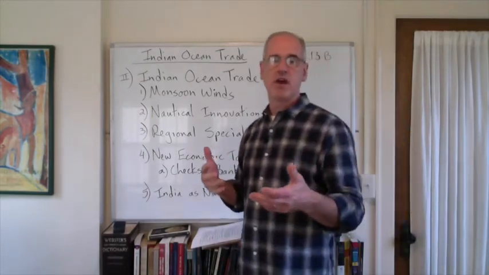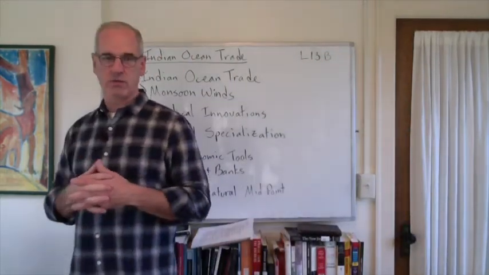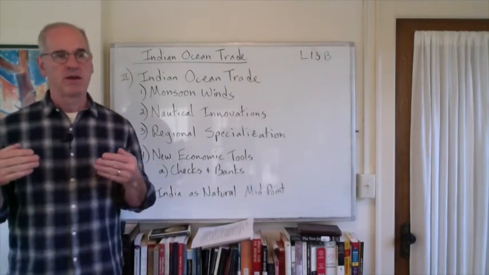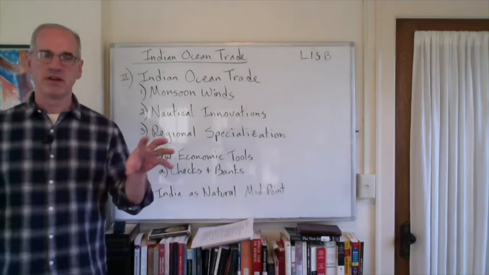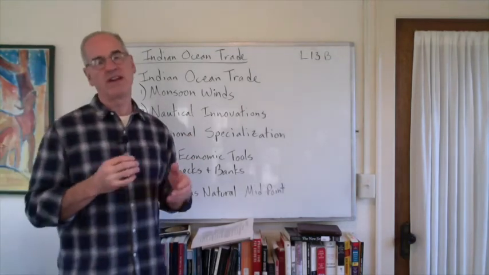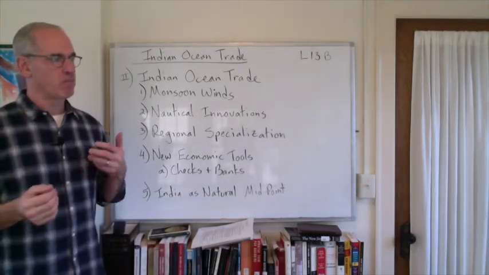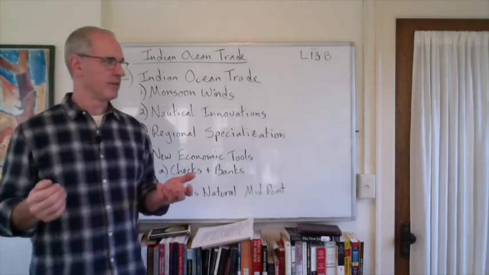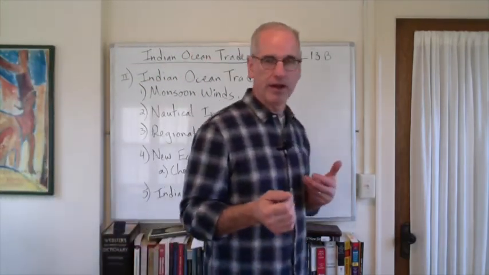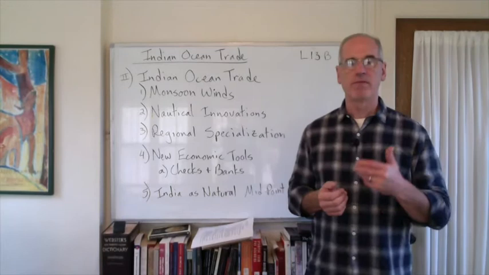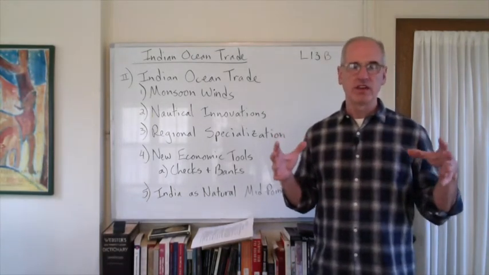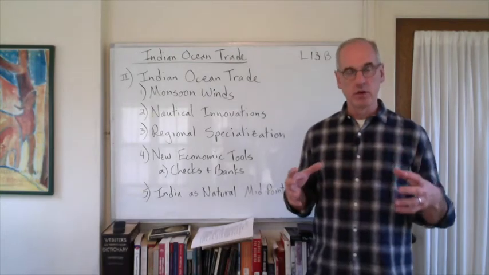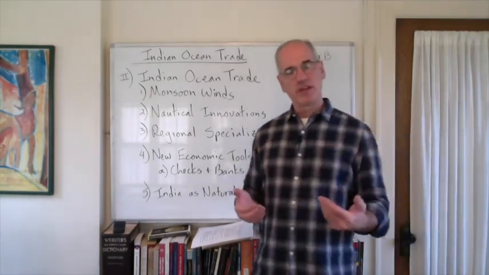So India becomes really important for these trade networks because it's so central and because it's a perfect stopover place, and it connects these two separate trade networks, with all these ships plying the different monsoon trade wind paths.